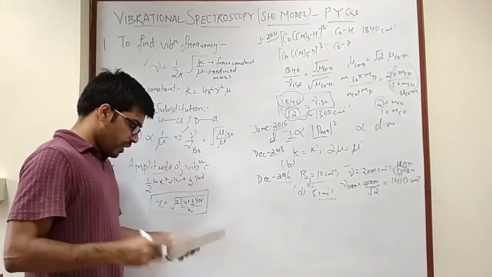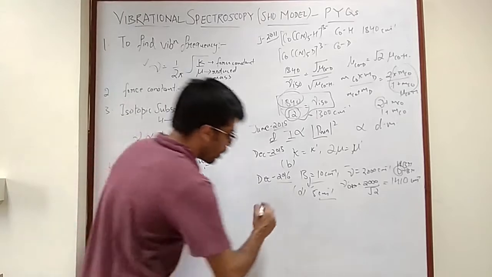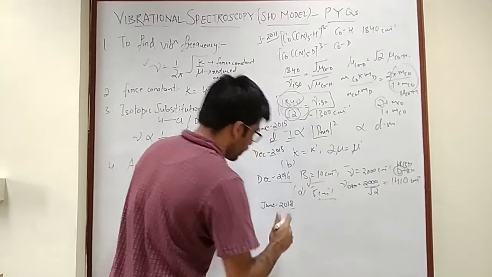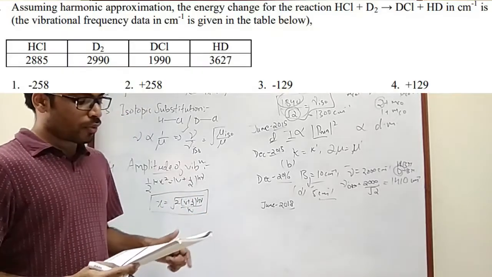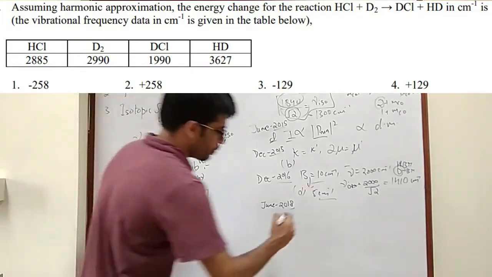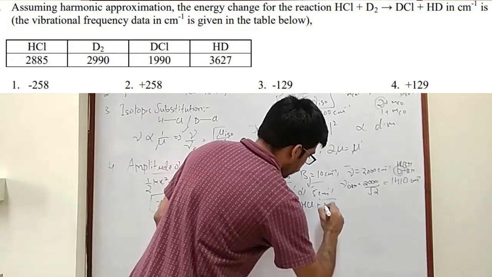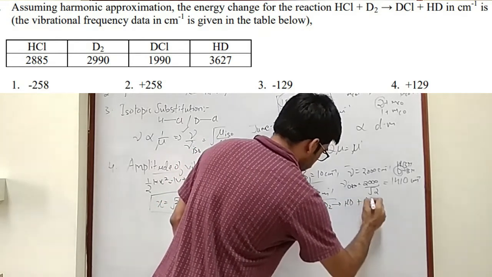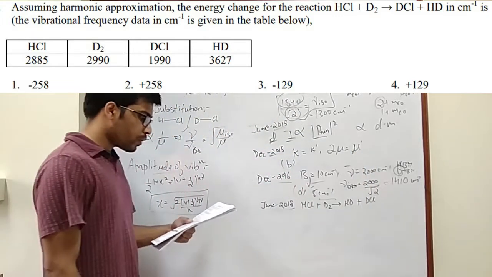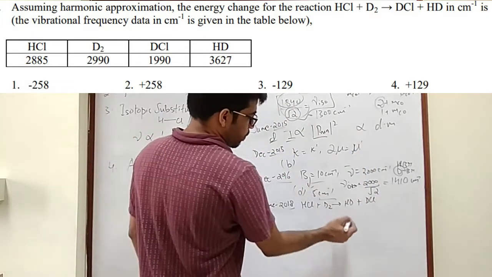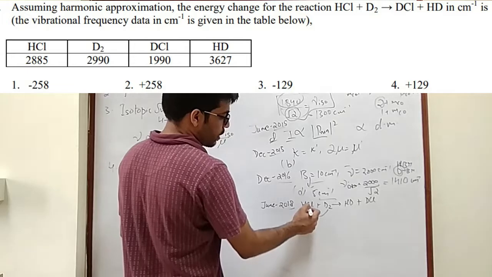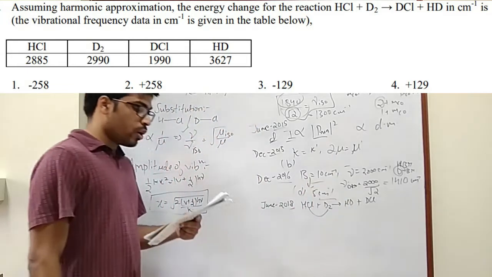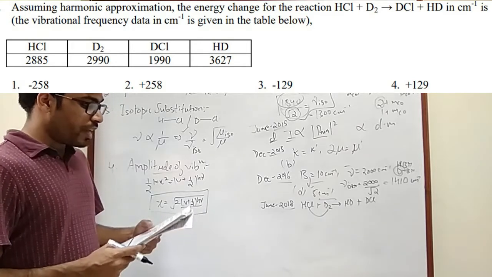Okay. So the next question we have is from June 2018. The question says, assuming harmonic approximation, find the energy change for the reaction in which the D2 bond gets broken, replaces this hydrogen, and this hydrogen bonds with D. So you have to find the energy change.